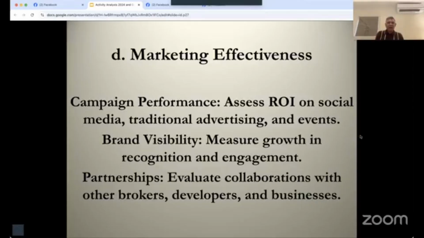All right. Okay. Traditional advertising, events, networking, we've been doing that. Your brand visibility, of course, like there's Remax out there, there's Keller Williams out there. So you measure how you are taking advantage of using that brand. Because brand is so effective.